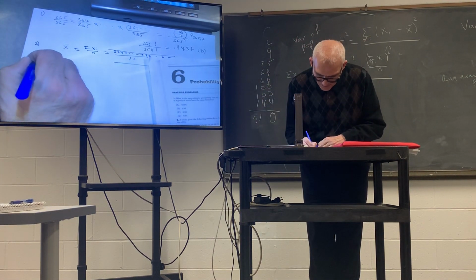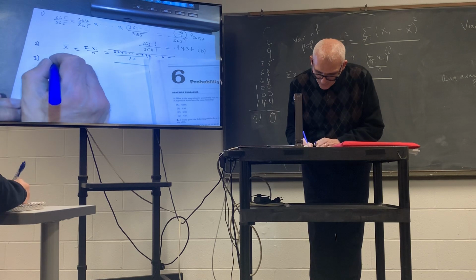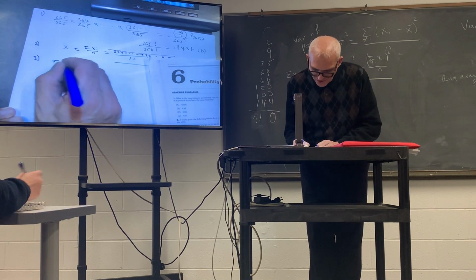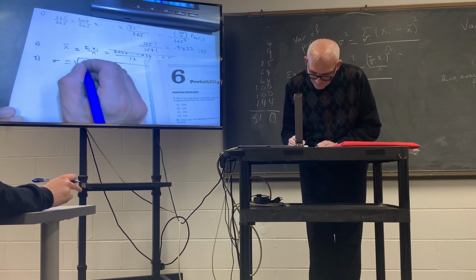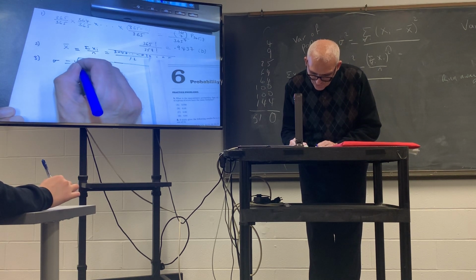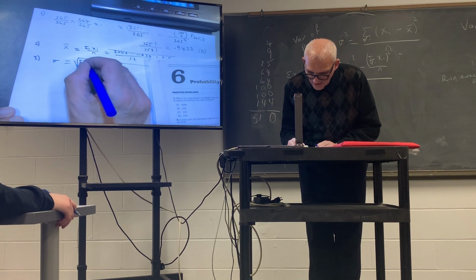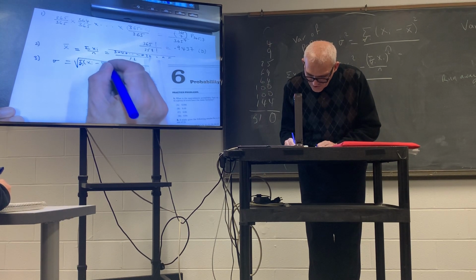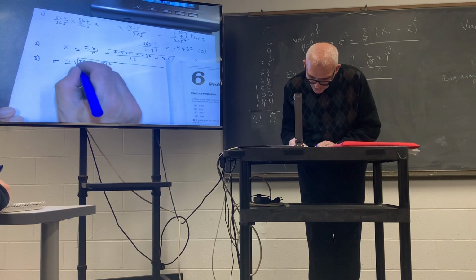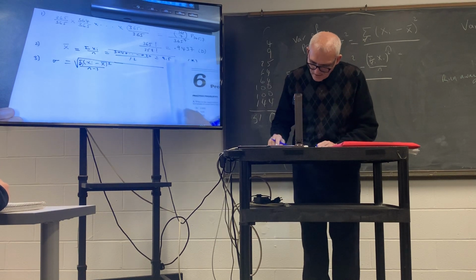So they wanted sigma, which is the square root of the summation over all values of i of x sub i minus x bar squared over n, not n minus 1.